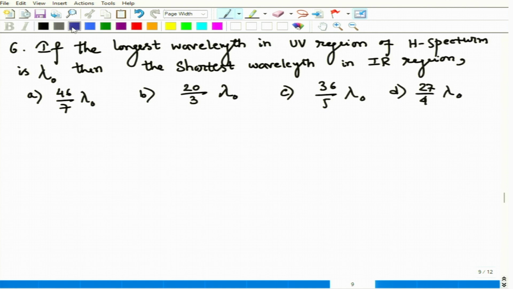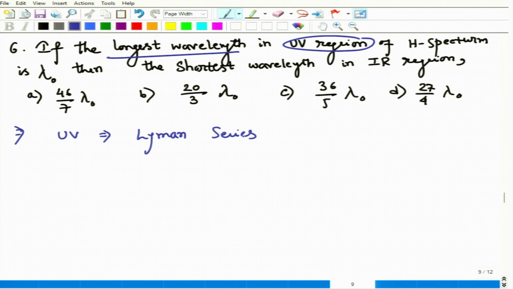Okay, longest wavelength they have asked. Longest wavelength in UV region means essentially it's the Lyman series, because we know that the Lyman series basically lies in the UV region. So now the formula is the same: 1 by lambda naught equals R into, for the Lyman series, 1/1 square minus 1/n square.